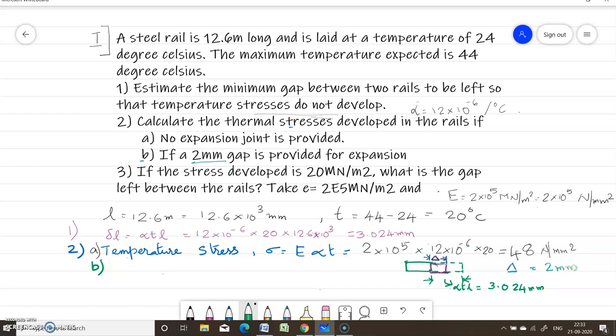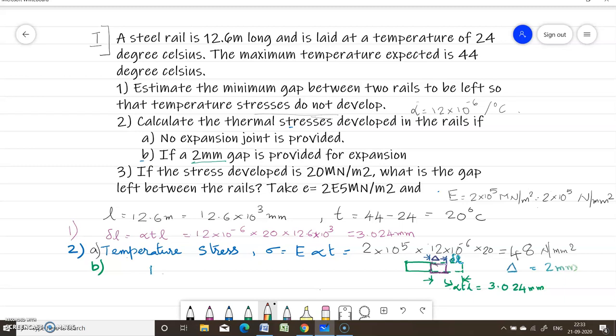Now a gap of 2 mm is provided so that the rail can expand up to 2 millimeter. So this much distance is prevented, or this is not allowed to expand, and the joint is provided for this distance only, so this distance is prevented. So we can write this is delta L. So this much distance is prevented in expanding. So a force is applied P, and this P will prevent the expansion equal to delta L.